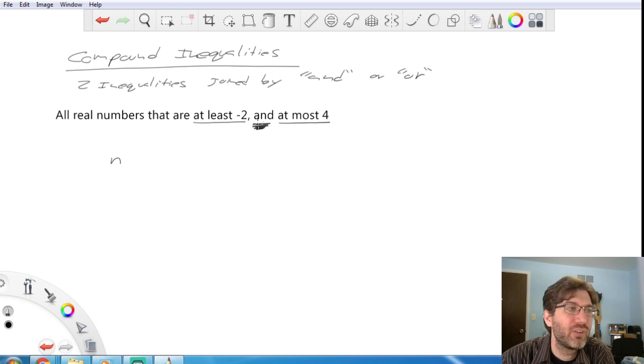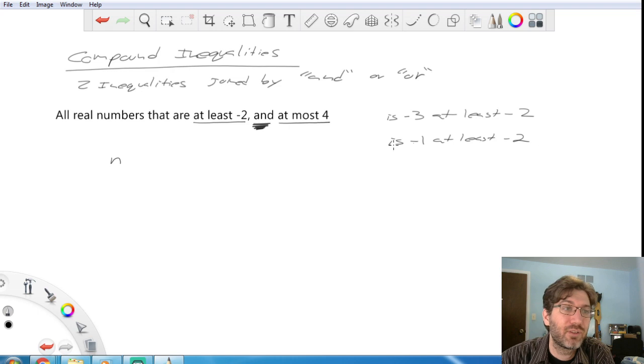Can it be larger than -2, or smaller than -2? So pick a couple numbers and put it in your head and think which makes more sense. So let's pick -3. Is -3 at least -2? And then let's pick, is -1 at least -2?